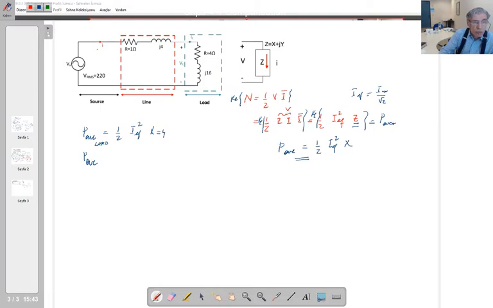So the total impedance real part is 1 plus 4. So the total is 1 over 2 I effective squared times 5, isn't it? Total 1 ohm plus 4 ohm gives you that.